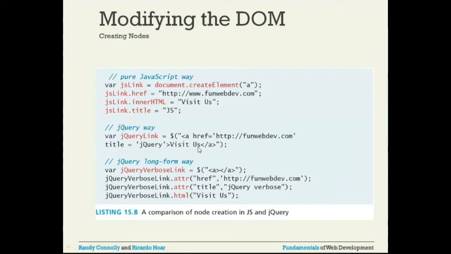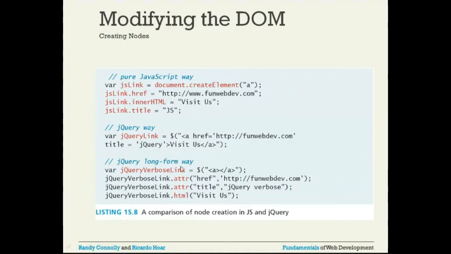Then we have the HTML content, visit us, then the closing tag. So it is very intuitive. The way you code the HTML, exactly the same way you are modifying the DOM.